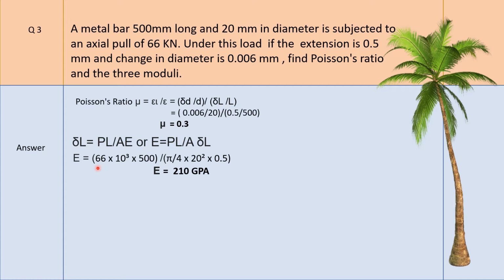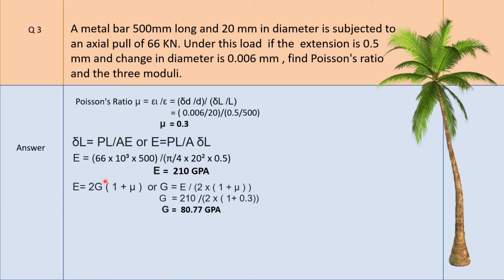Let us try it once again. Bracket open 66 exponential 3 into 500 bracket close divided by bracket open shift pi divided by 4 into 20 x square into 0.5 bracket close is equal to, you will get the answer 200 into 10 raised to 3. That will be in Newton per mm square, or we can write it as 210 GPa.